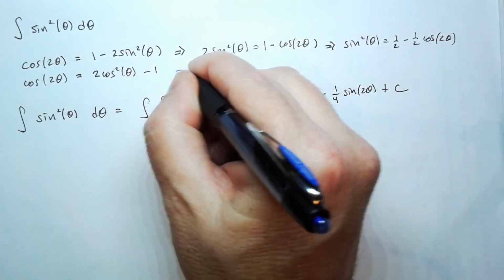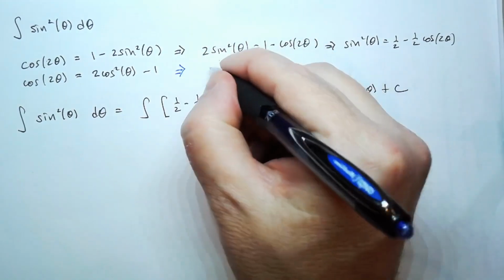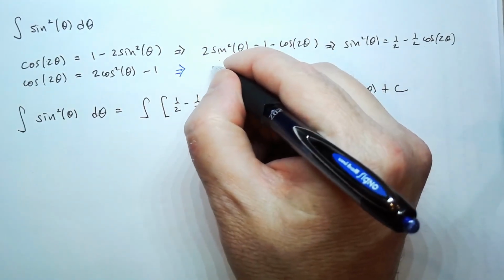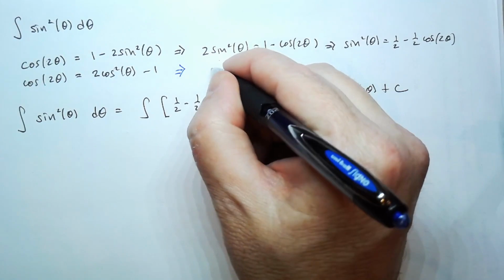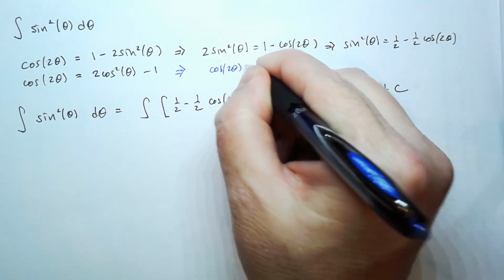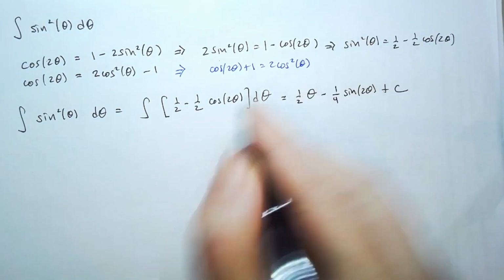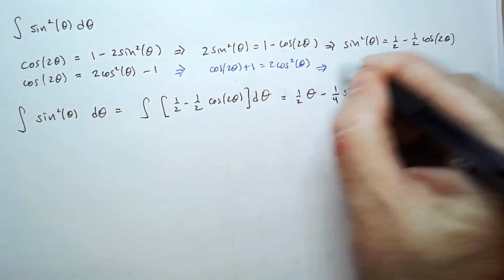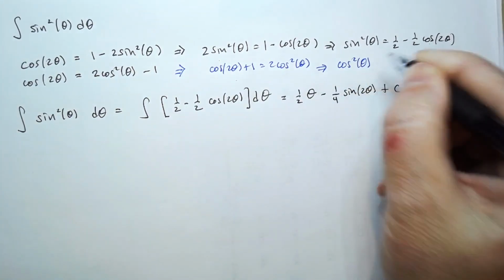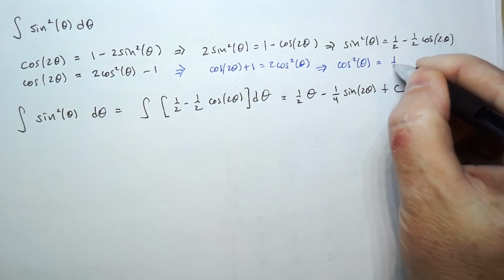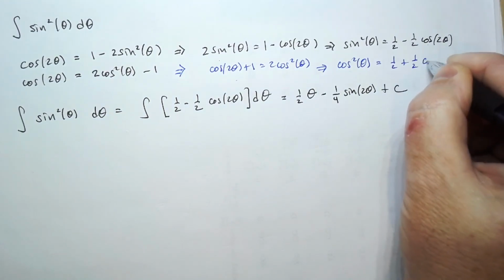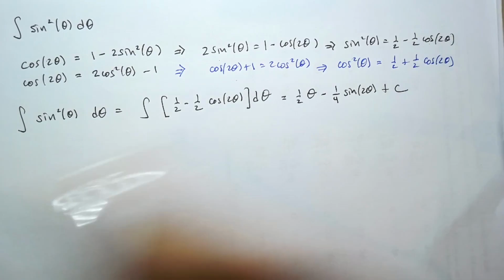Now this other version of the cosine double angle identity can also be useful to us. We could write cosine of 2 theta plus 1 equals 2 cosine squared theta, and then dividing by 2, we get cosine squared theta equals 1/2 plus 1/2 cosine of 2 theta.